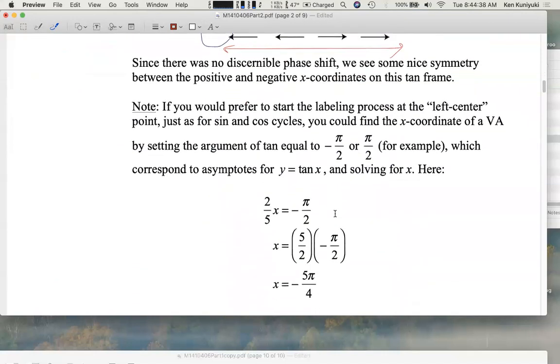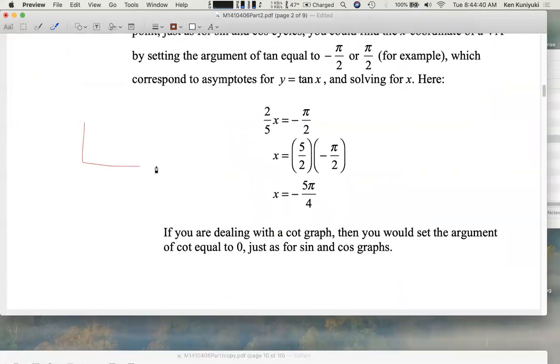If you choose to put the pivot at the left center, which you could do, then what's going to happen is that you are going to get a vertical asymptote in the middle here. So you're going to get half a snake here and half a snake here. And that's going to be ugly. That's going to work, but it's going to be ugly.